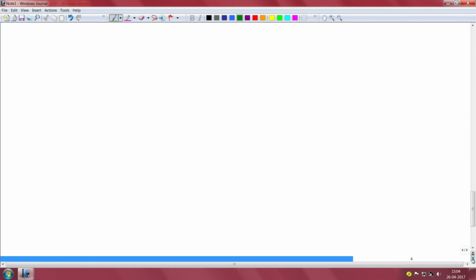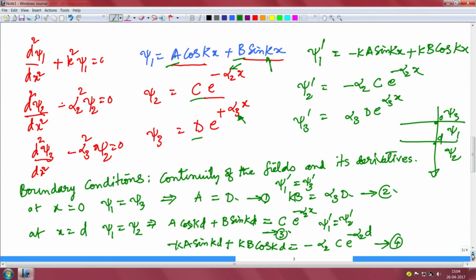So, let us eliminate some variables. So, from the first equation we already got d equals a, and from the second equation we will get d equals k into b by alpha 3, or the other way I will use it for finding out b.